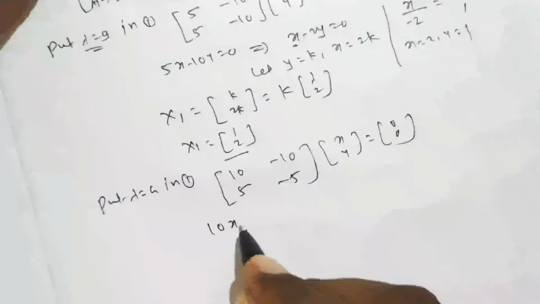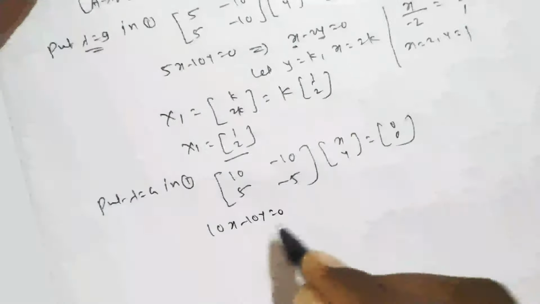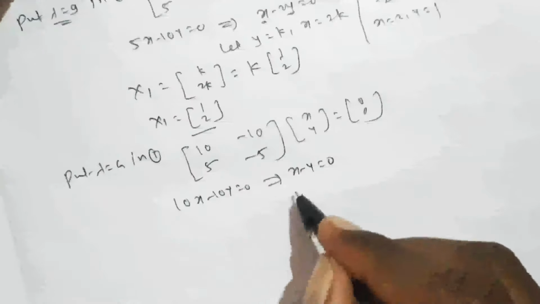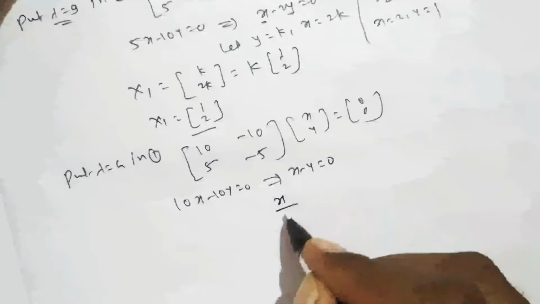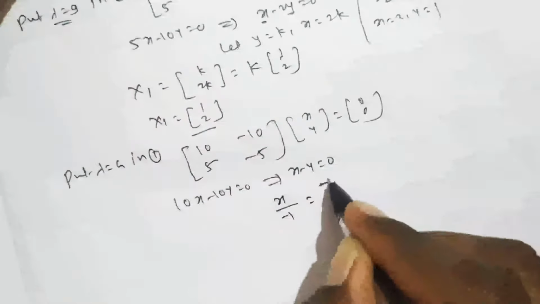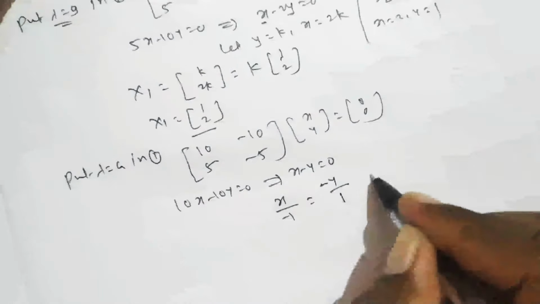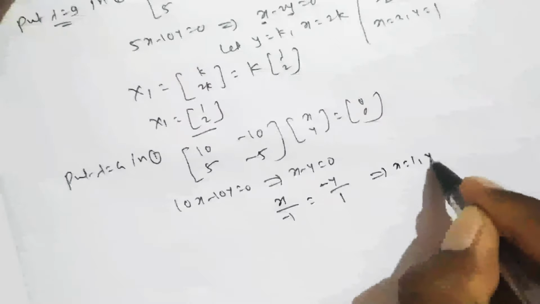Again take any one row, suppose from the first row 10x minus 10y equal to 0. So if we divide throughout by 10, then we get x minus y equal to 0. Same as this, if you use Cramer's rule here, by Cramer's rule x upon the coefficient of y is minus 1 and equal to minus y upon the coefficient of x is plus 1. Again minus minus gets cancelled, x equal to 1, y equal to 1.